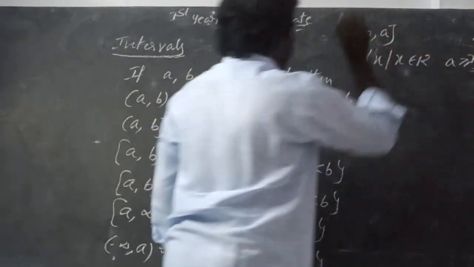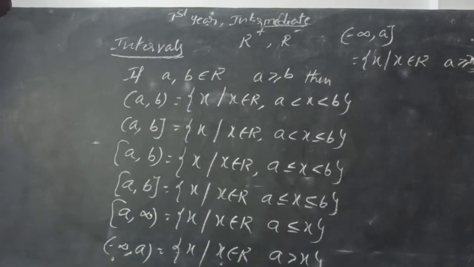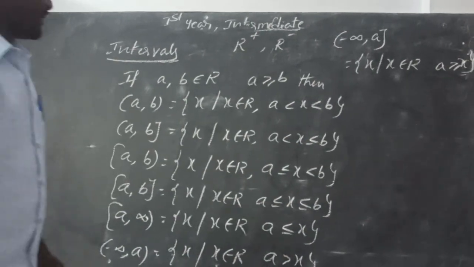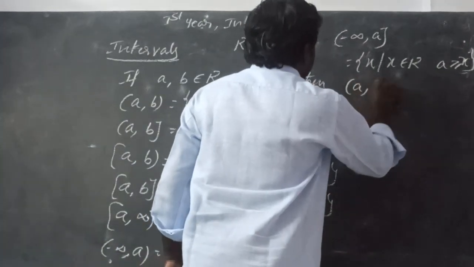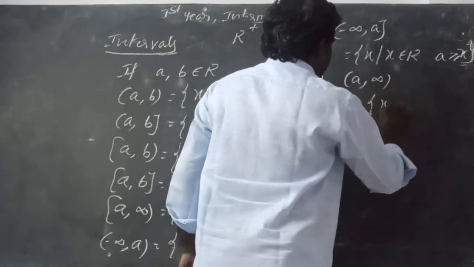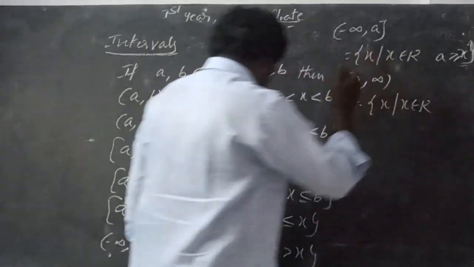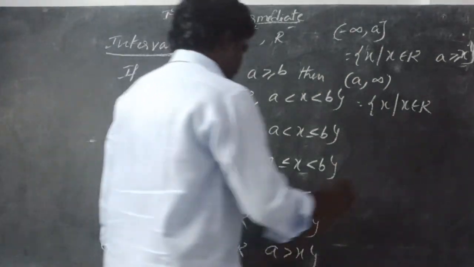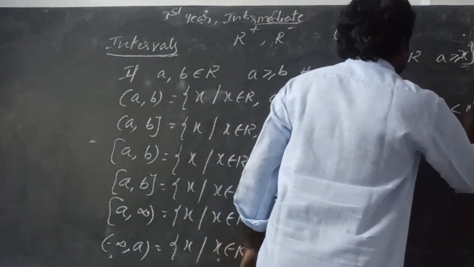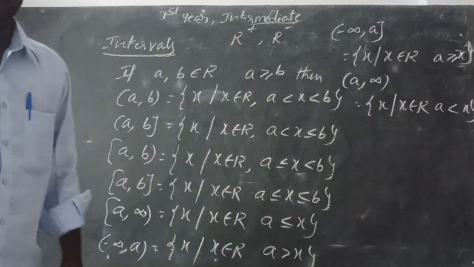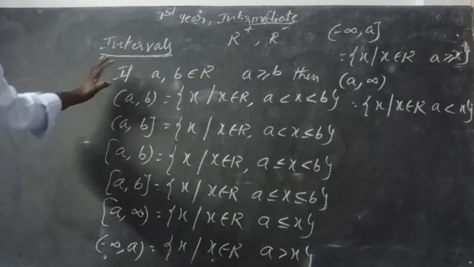Next, open A to infinity: x such that A is less than x. So these are the intervals, open interval and closed interval.